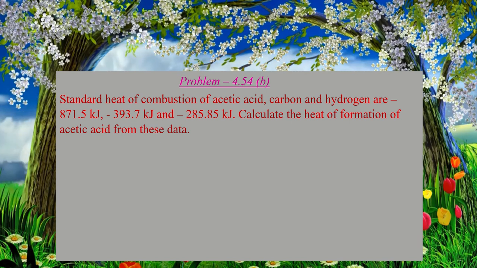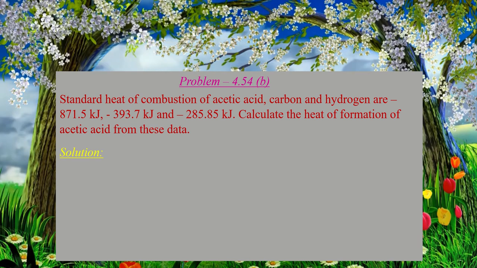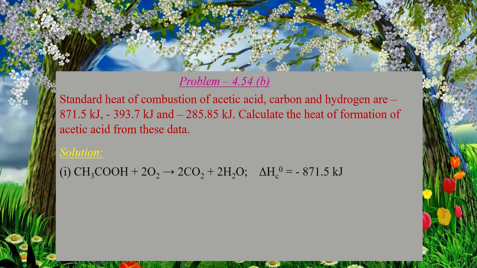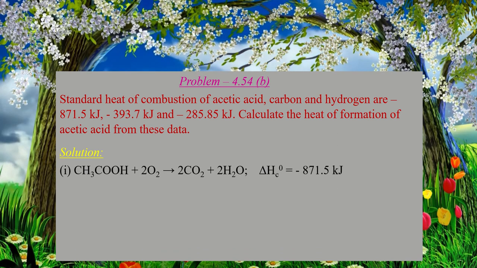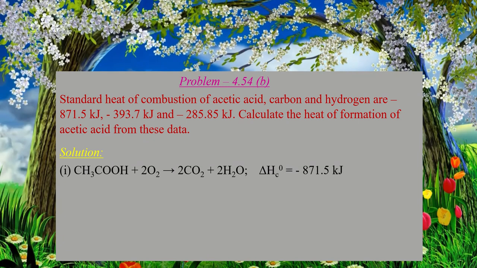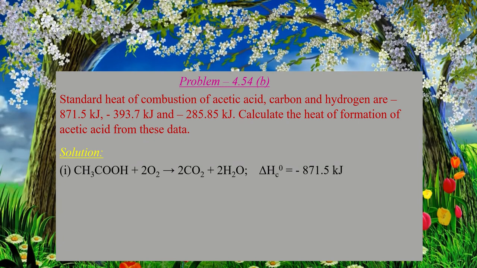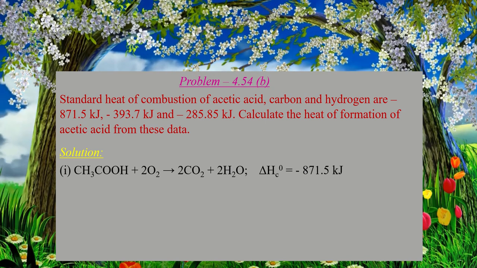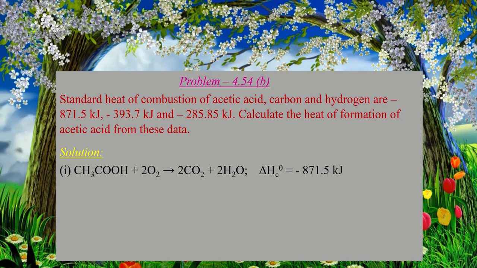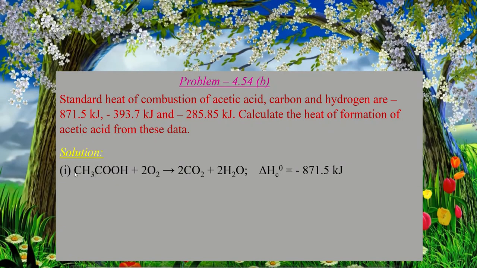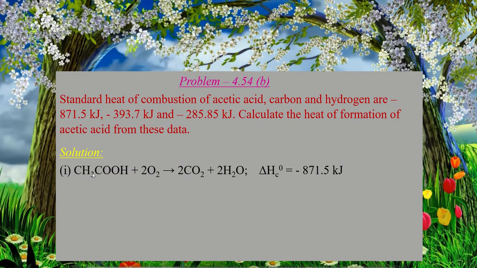Heat of combustion of these compounds are given, so we have to write the combustion reaction of them. Here, acetic acid is combusted to produce carbon dioxide and water vapor. You have to balance the reaction, and when you balance the reaction, you keep the reactant compound as 1 mole.